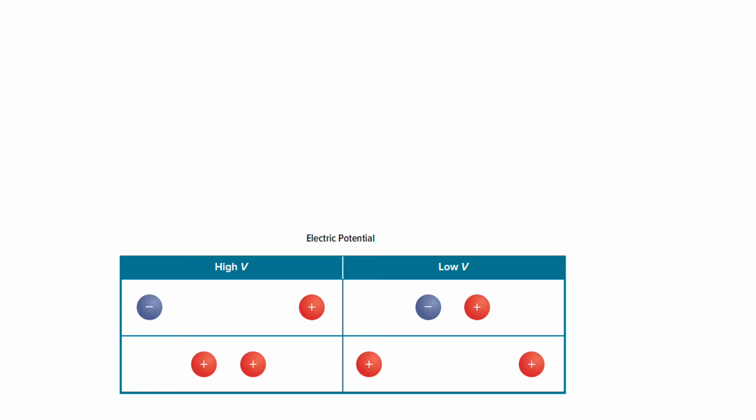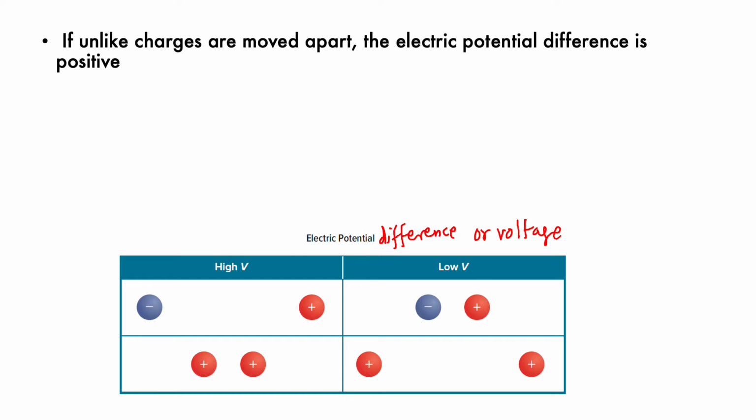Now electric potential difference, or voltage, can change according to whether you are bringing the charges closer to each other or moving the charges away from each other. So if you have unlike charges, unlike means different charges, like in the first diagram we have one negative and one positive.